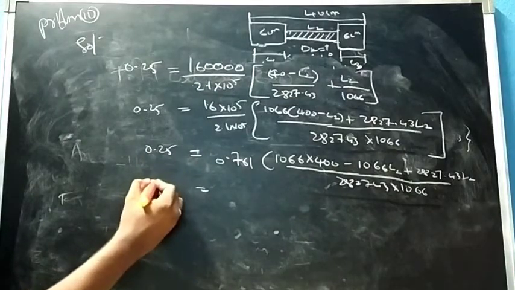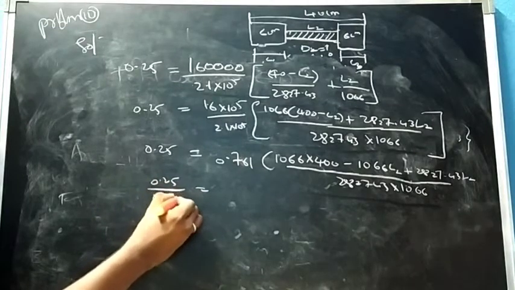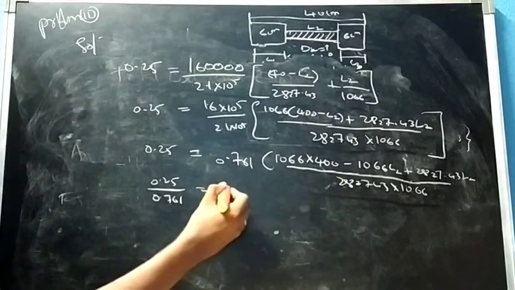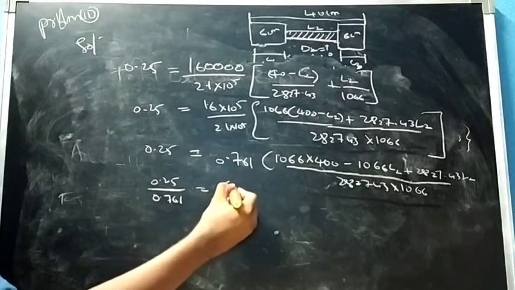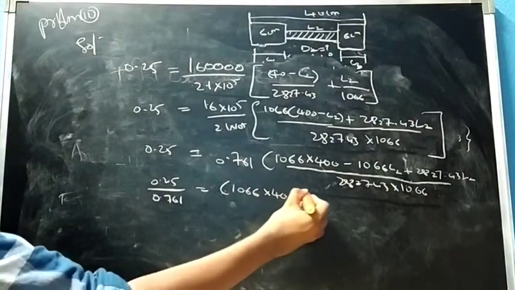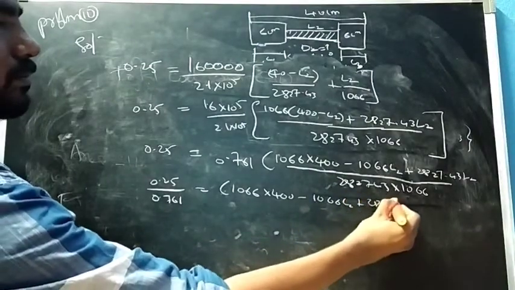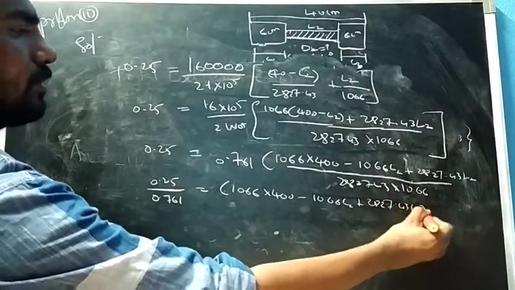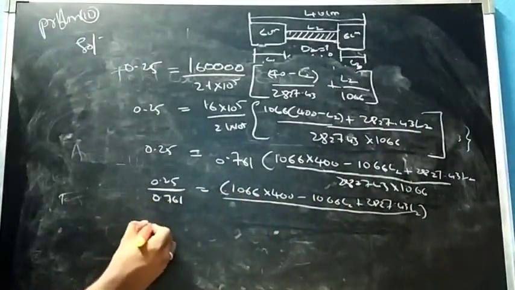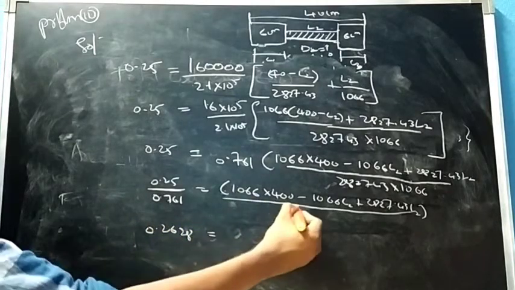So here I can write 0.25 upon 0.76 equals to, L2 is same, so we'll get 0.2628 here, and this will be same.